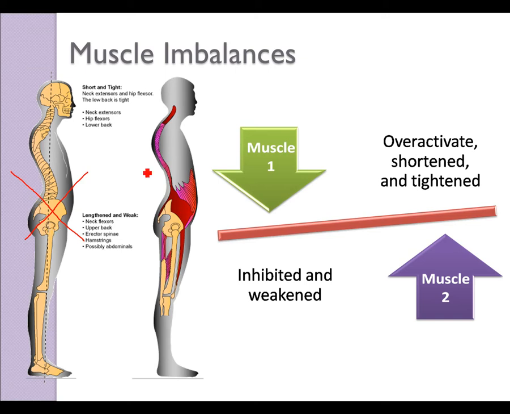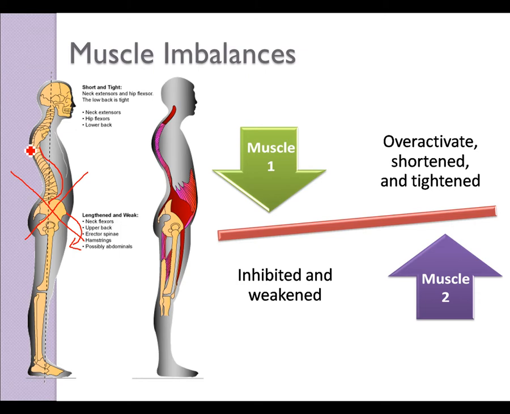So if we look at this person and let's give them a little bit of excessive lumbar lordosis. So now this is our new spine right here, lumbar lordosis. In order for us to have this increased lumbar lordosis, we have to also have our pelvis tilting forward.